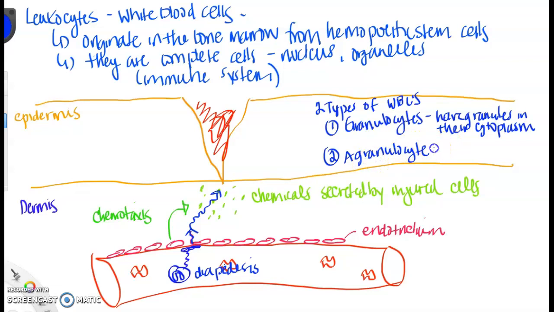So the agranulocyte, if you think A, that means nada, zero. So zero granules. So these guys do not have granules in the cytoplasm.